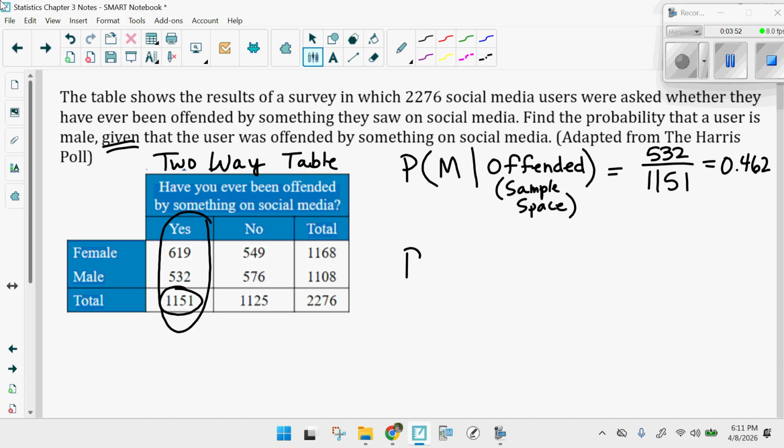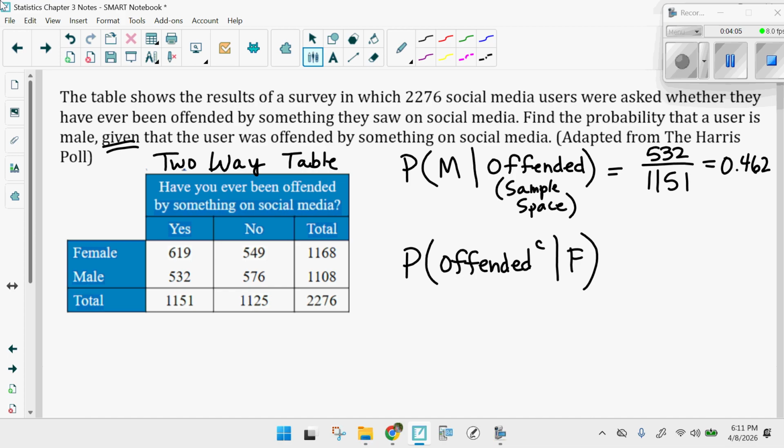Another one we could look at is what is the probability of not being offended given that the user was female. So let's take a look at that real quick. Now we're going to focus just on the sample space of female. So here's my condition. I'm only going to focus on this sample space.